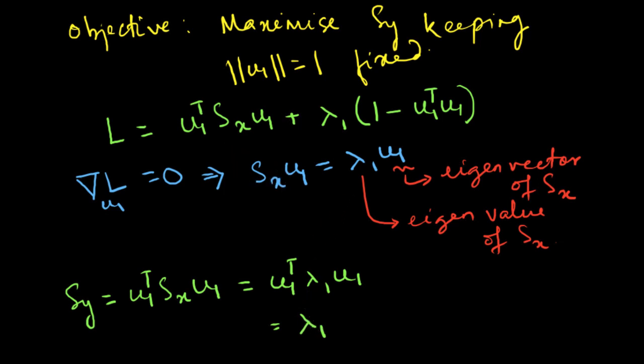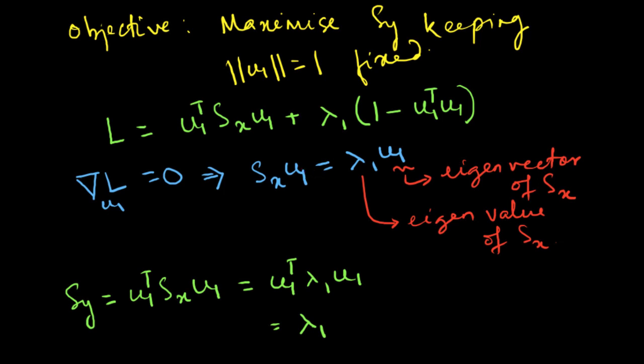Now if your Sx is some d cross d dimensional matrix, you will get d number of eigenvectors and d number of eigenvalues. You need to arrange these eigenvalues in descending order and pick a few from the top, so that the corresponding eigenvectors are the ones in whose direction the spread of your data points is the maximum.